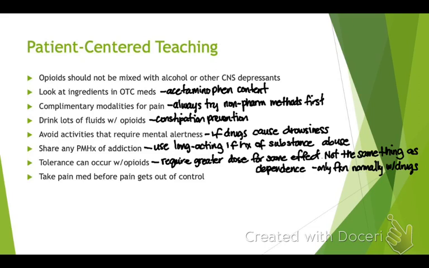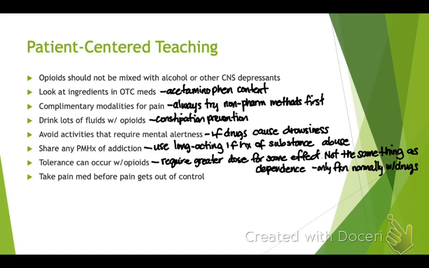Patient-centered teaching. Patient-centered teaching that goes along with these types of analgesics, both your opioid and your non-opioid, is that opioids should not be mixed with any alcohol or other CNS suppressants.